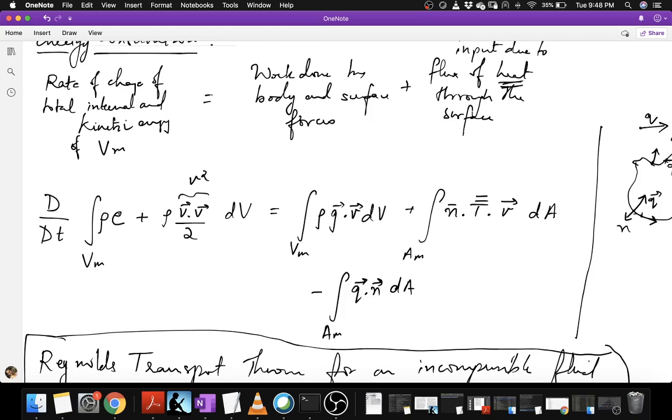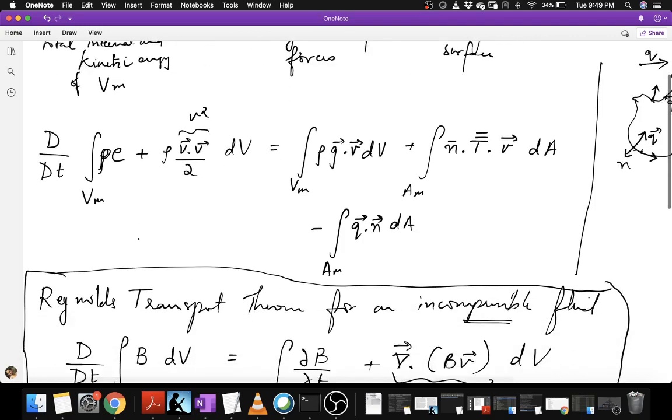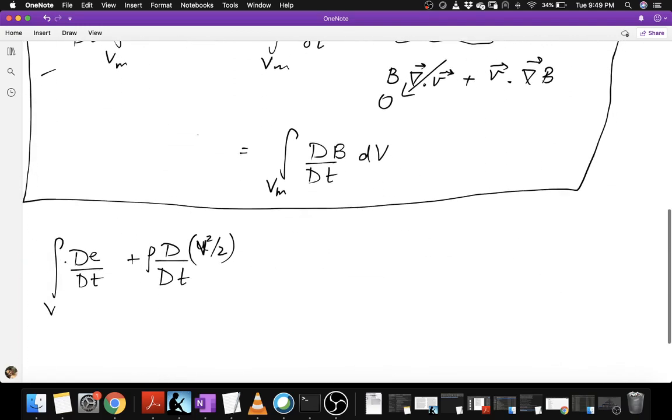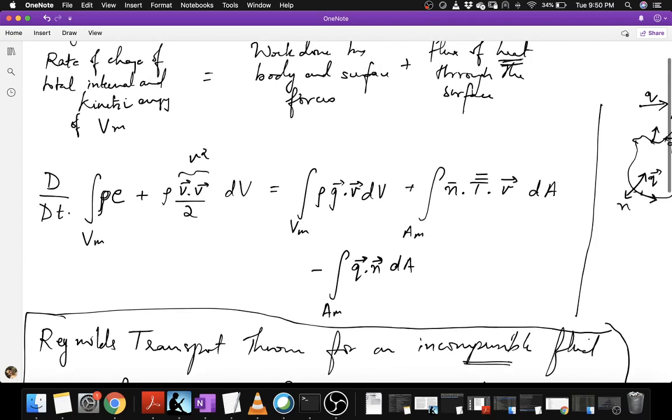But we'll work with the idea that E is the internal energy per unit mass, so I need a mass per unit volume, and then only I can integrate it over the volume. So I missed out this density here, but no harm, no foul, I put it back in. So we've now got the left hand side of the equation by applying Reynolds Transport theorem.